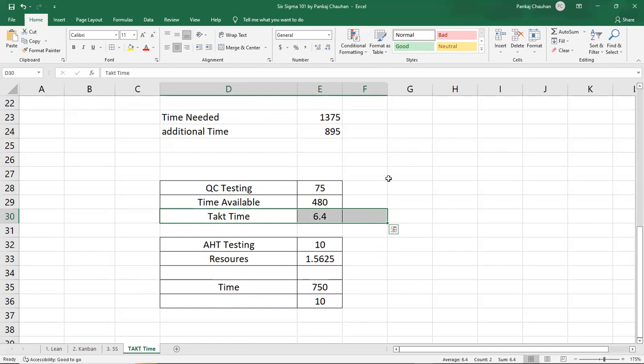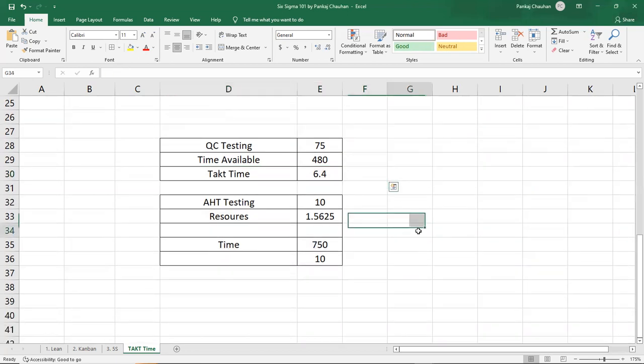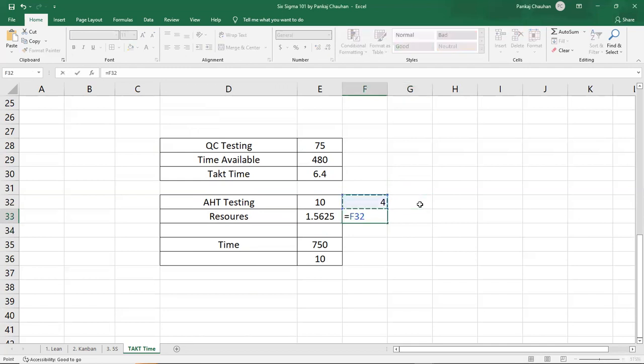So for those fewer resources, let's take an example in a similar way. Suppose your AHT is only 4 minutes. Assume. So what are the resources you need? Cycle time is 4 minutes, TAKT time is 6.4, which means around 0.625. So total time available is 480 minutes.